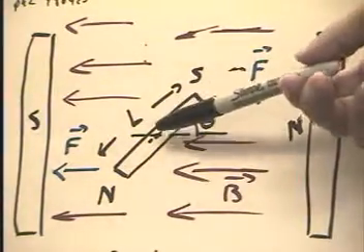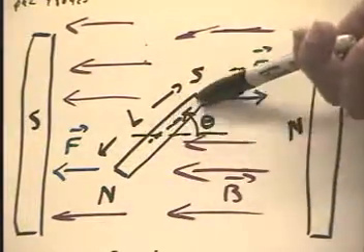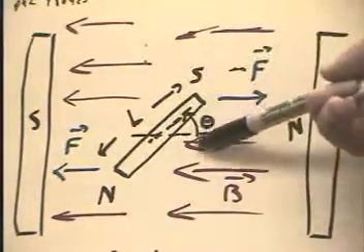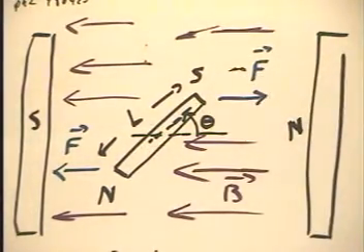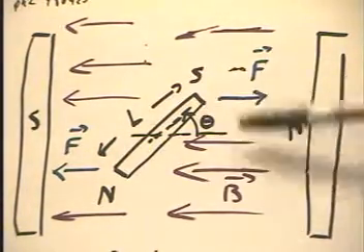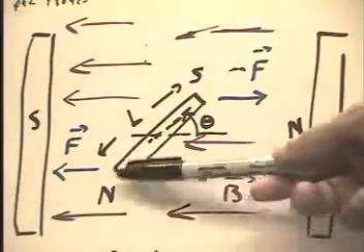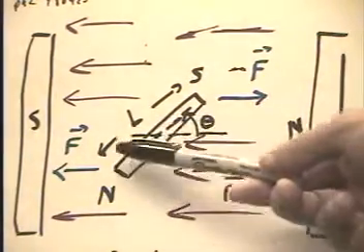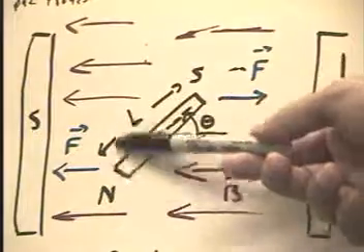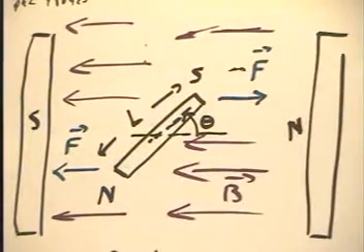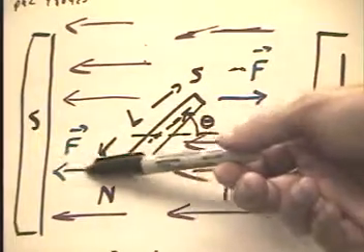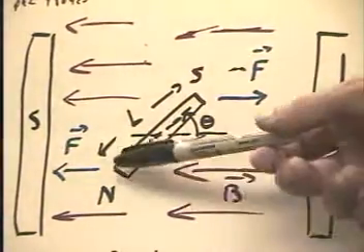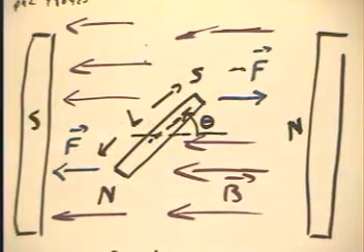So we're going to have a distance L over 2 here times sine theta multiplied by the negative F. And that's going to be the torque exerted on the south pole. Similarly, we're going to have a distance L over 2 times the sine of theta to give us the perpendicular distance and so forth, and then multiplied by this force F, and that's going to give us the torque on this end.